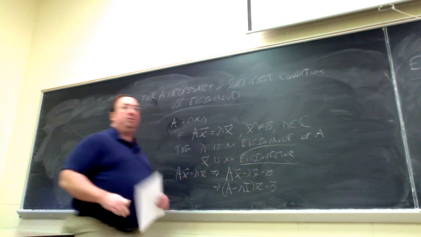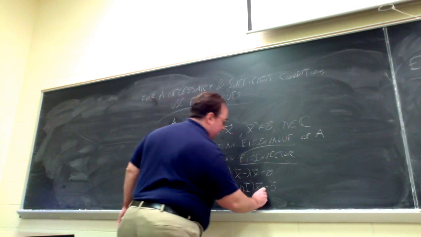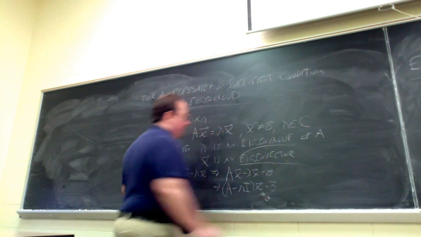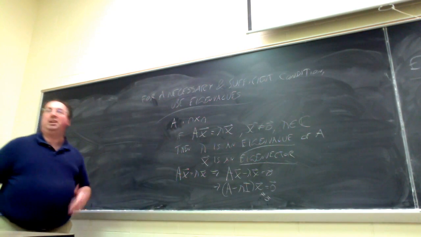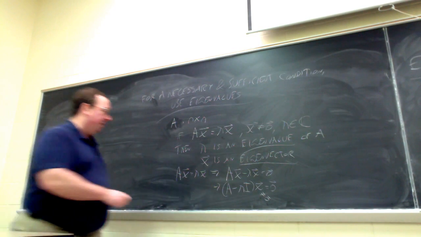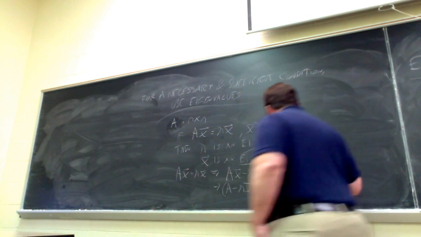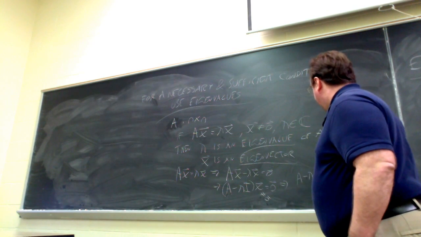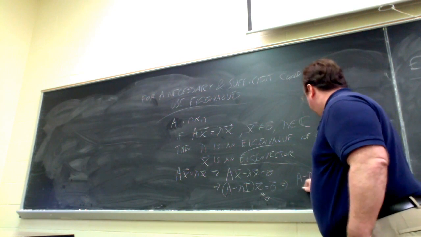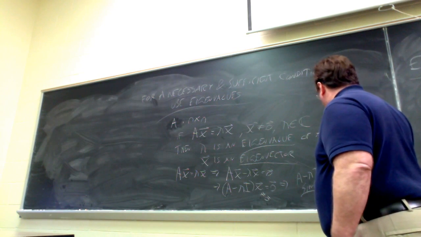And this came up before when we were talking about determinants, because here we have a situation where we're multiplying a matrix by a vector, we're getting 0. x is non-zero. Therefore, the matrix A minus lambda times the identity is singular.